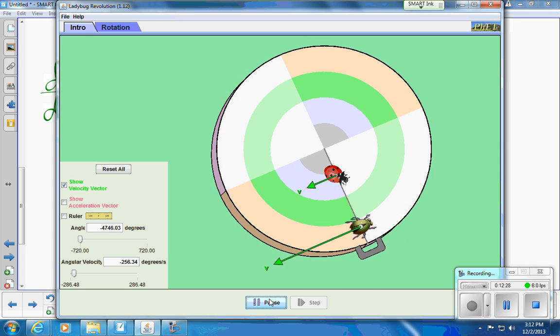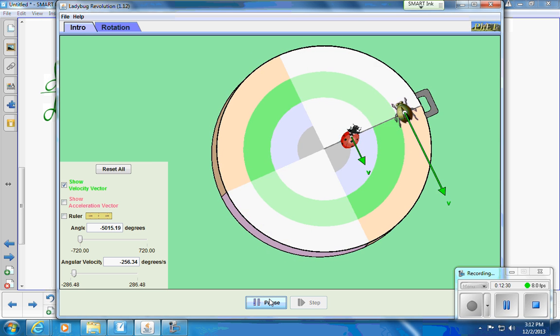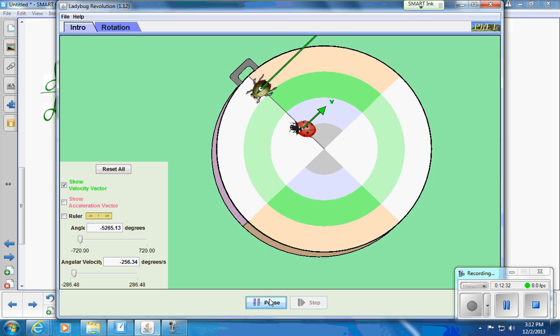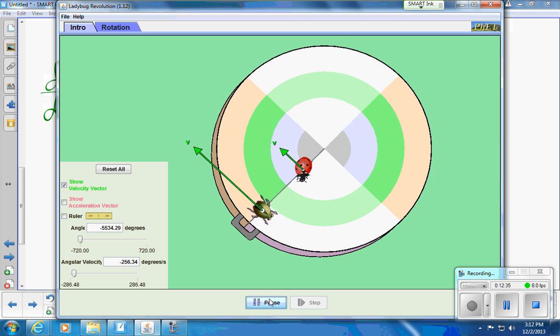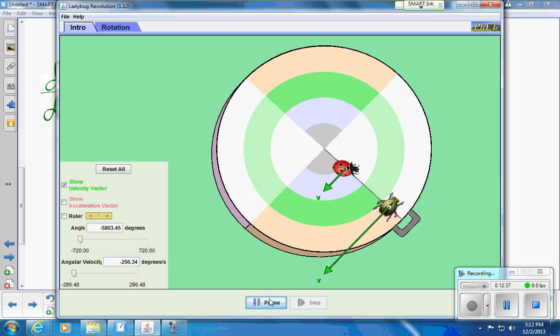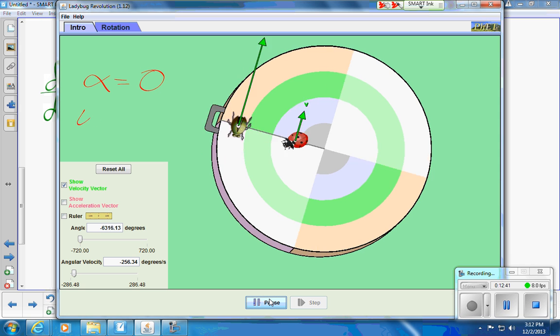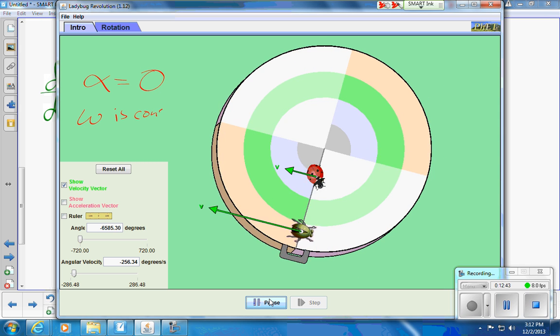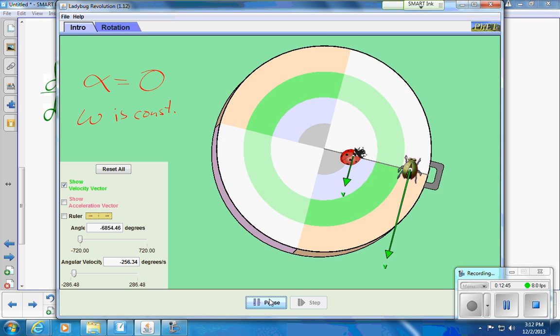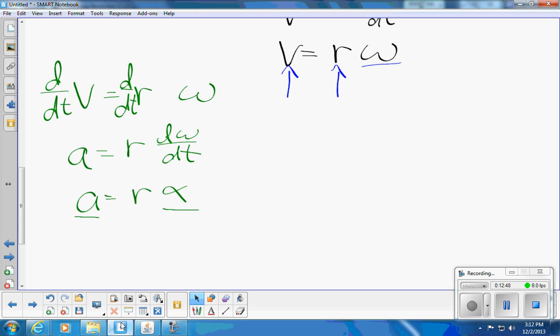So what's the angular acceleration of this record player right now? Ponder, ponder, ponder. It's 0. The angular acceleration, alpha, is equal to 0 for this record player because omega is constant. Well, according to the equation that we just derived, if alpha is 0, then your acceleration is 0. A is 0 if alpha is 0.